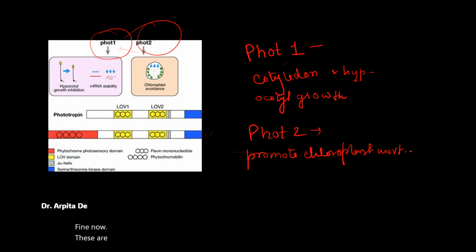Now, these are its function. Now, just a little bit of structural domain we'll talk about. See, I'll just draw it out for you in a very simple manner. Hope it will help you. This is the N-terminus, right?